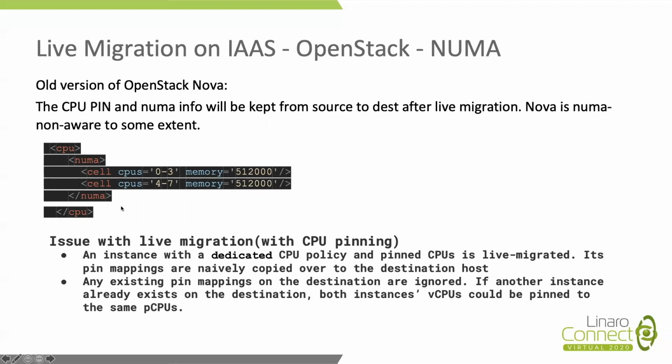As we see, this is a NUMA XML and it will be naively copied to the destination. That induces a problem because we have set the CPU pinning on node A, and the pinning map will be naively copied to the destination node, and any existing pinning mappings on the destination node will be ignored.